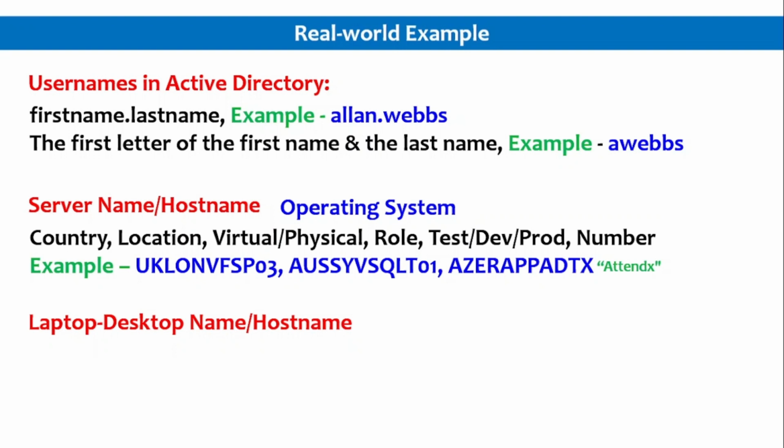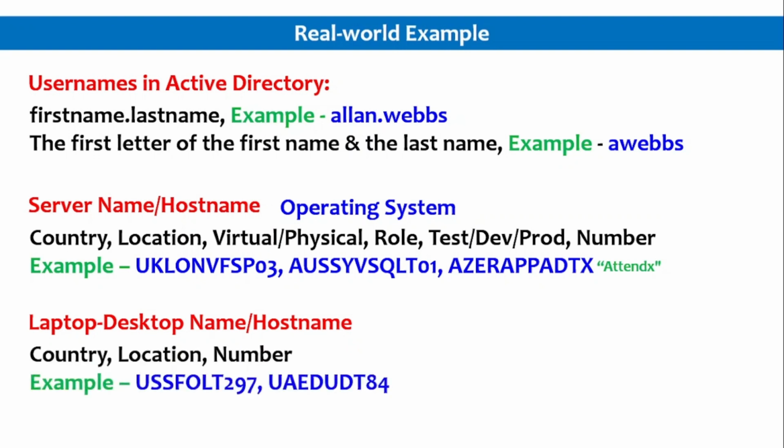Laptops and desktop host names. A common practice is people go with country, location and the number. Let's say US San Francisco laptop 297, or UAE Dubai desktop 84. These are some of the real world examples.